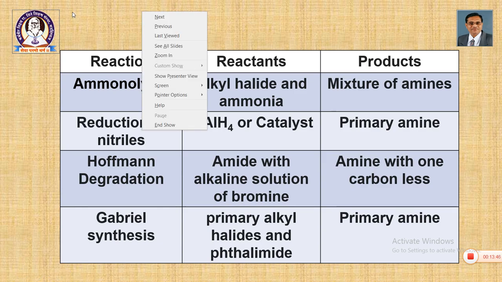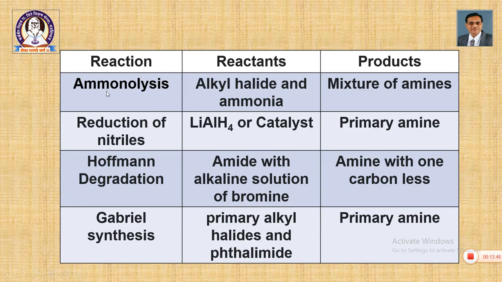In a nutshell, or in conclusion, let us see the summary of these four methods of preparation. The first reaction is ammonolysis, where alkyl halide and ammonia are the reactants and we get a mixture of amines. The second method is reduction of nitriles. We use lithium aluminum hydride or H2/Ni, that is a suitable catalyst for reduction. We get primary amine. In the third method, which is Hofmann degradation, we begin with amide with alkaline solution of bromine.